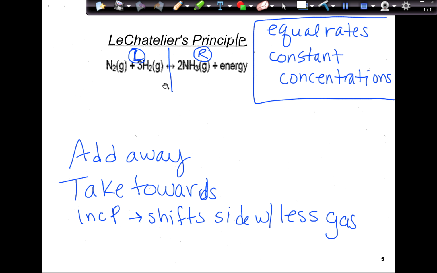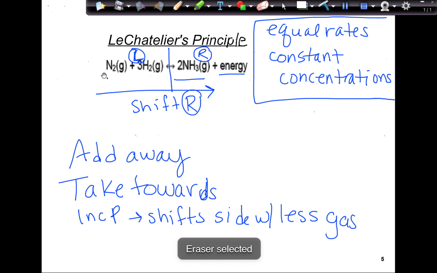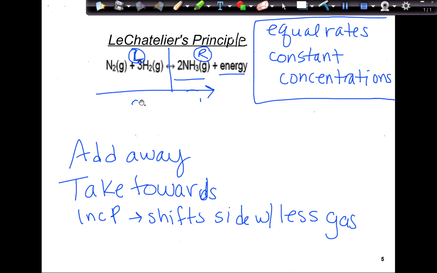So if I increase the amount of nitrogen as my stress, that's going to shift right, which means that I make more ammonia and more energy. If I add more ammonia, that means that I shift to the left away from the ammonia, meaning that I will make more nitrogen, more hydrogen, and use up energy and use up ammonia.